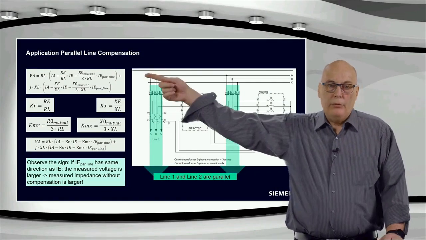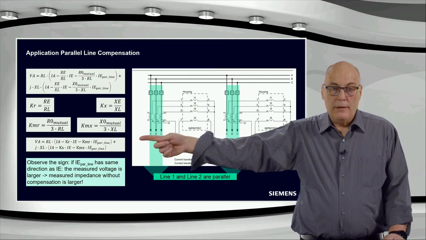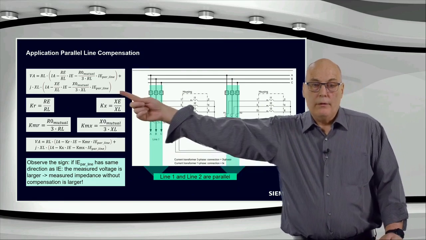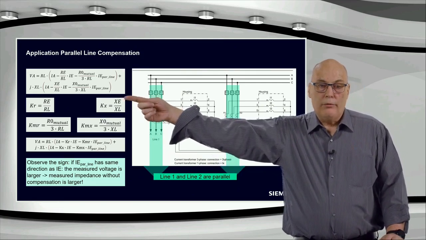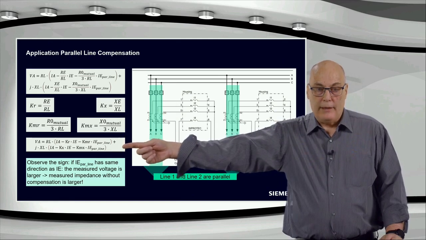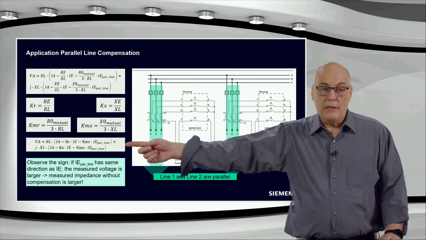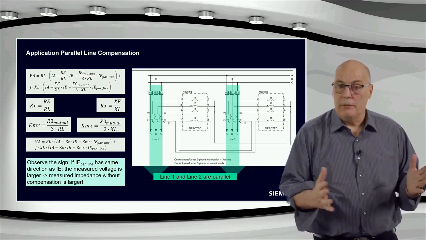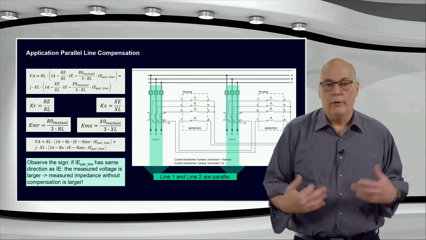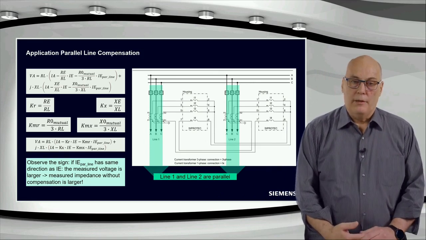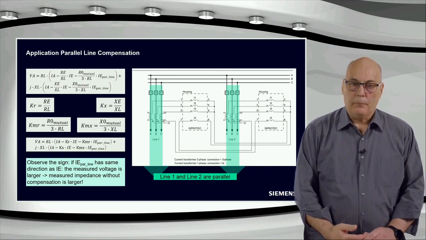Then we can rewrite the equation at the top and substitute the ratio ZX0 over 3ZL with KMX and KMR. And the important thing is that if we rewrite this, we can calculate the impedance. So the impedance calculation equation we saw early on is modified to consider the parallel line compensation.